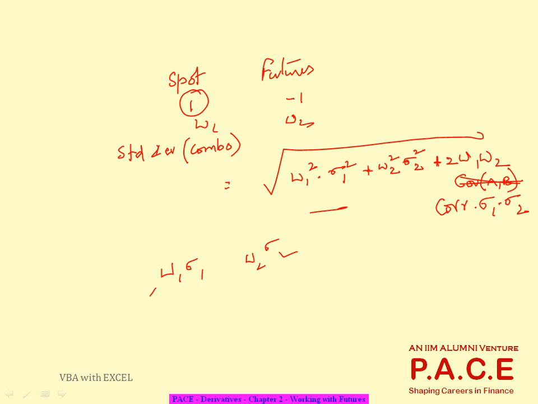So this is this squared plus this squared plus 2 into this. But of course, this is getting impacted with an additional term called correlation, 2W1, W2, sigma 1, sigma 2, getting multiplied with an element of correlation, which is a small deviation to your typical a plus b whole squared form.